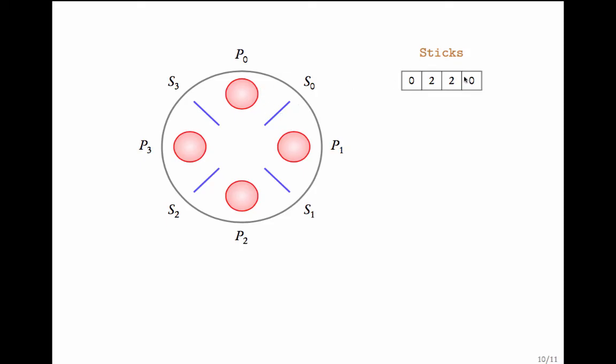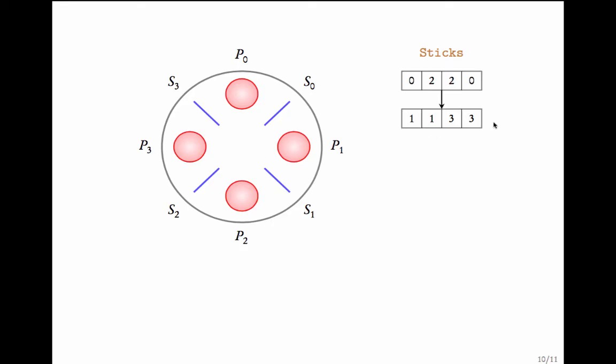What does this allow? This allows philosopher 0 and philosopher 2 to eat. After they eat, they set the availability of stick 0 to 1, availability of stick 1 again to 1, stick 2 to 3, and stick 3 to 3.